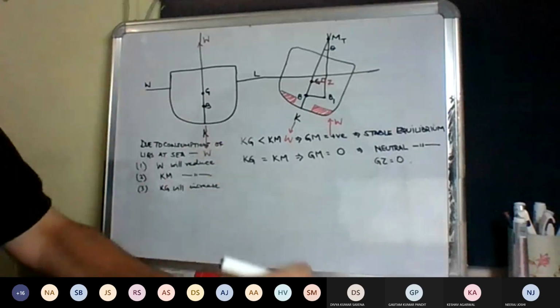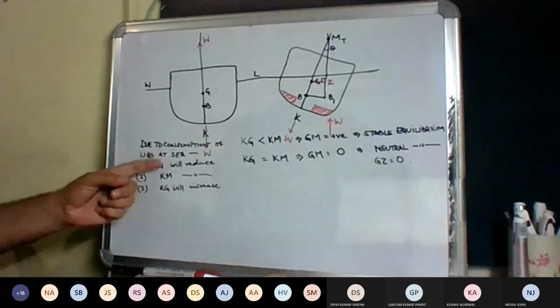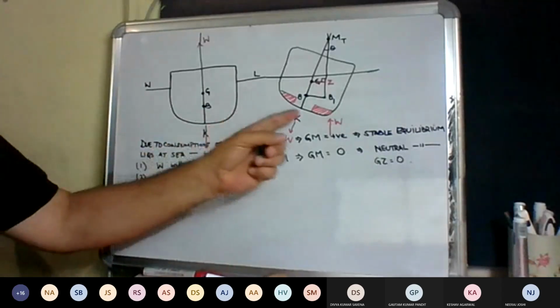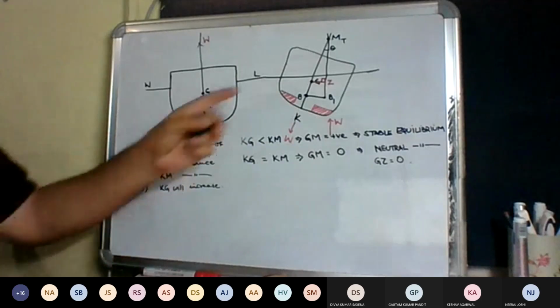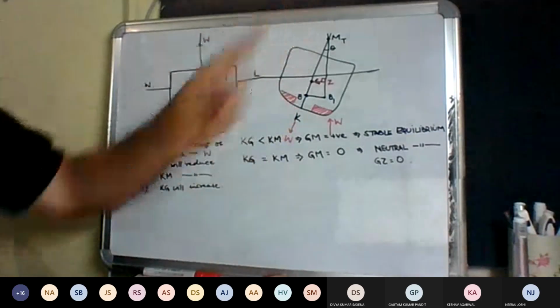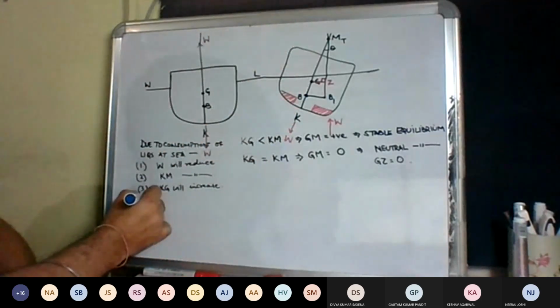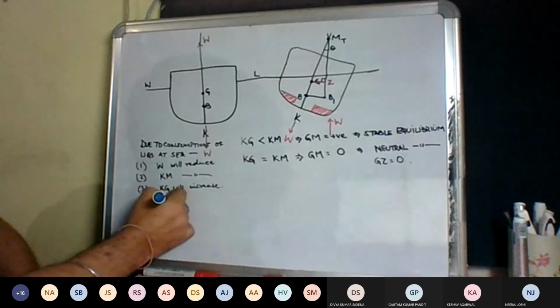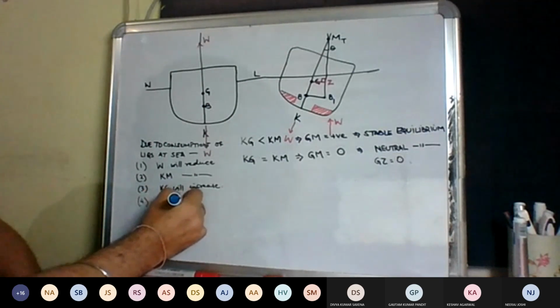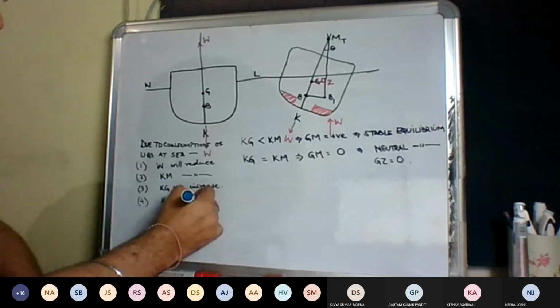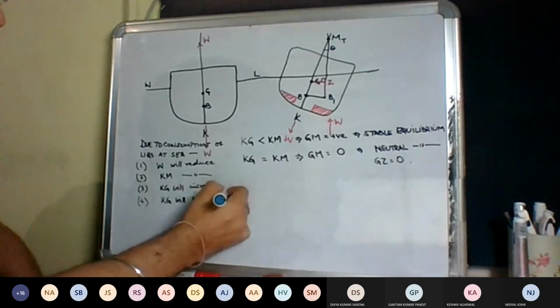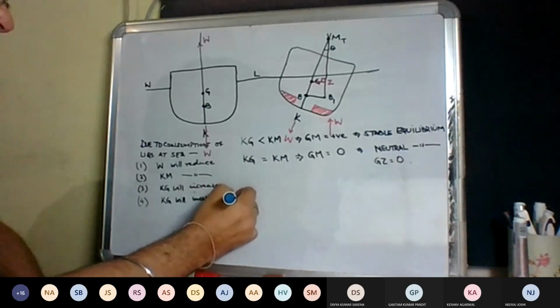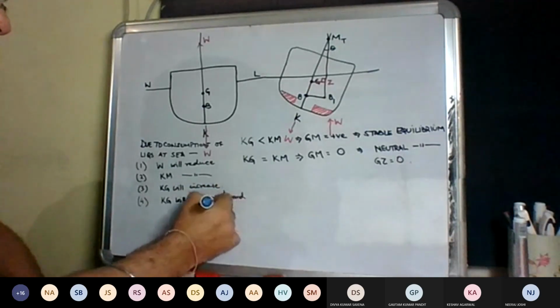I keep consuming my liquids more and more. So what will happen? My G will overshoot M. Once KG will increase beyond KM.